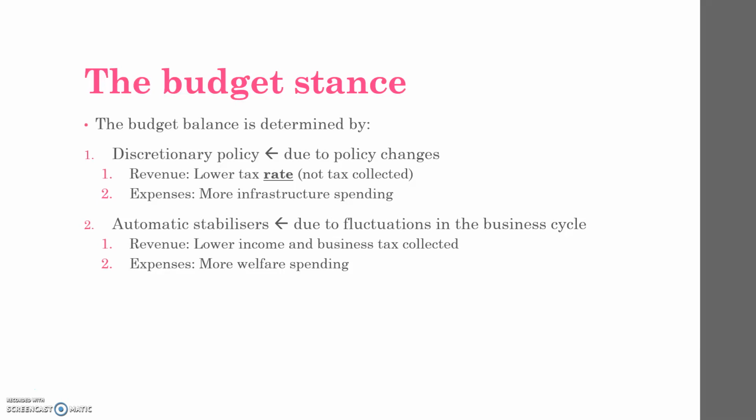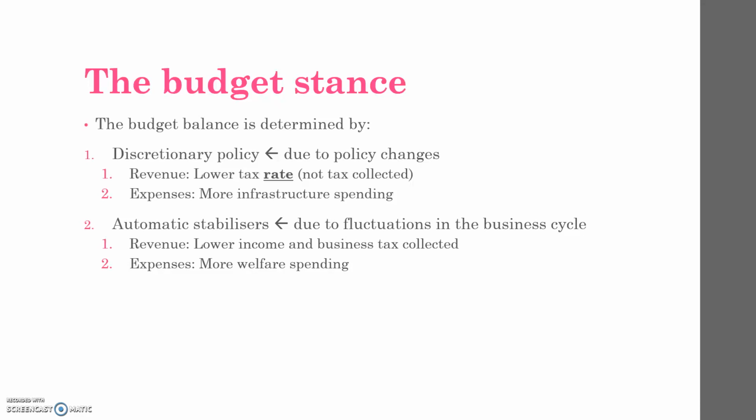The reason for that is jobs are less available, unemployment increases, and fewer people pay income tax. On the business side, fewer goods and services are being sold, so less tax is collected, and that means less business tax ends up in the government's coffers because of that reduction in flows through from businesses and from workers.